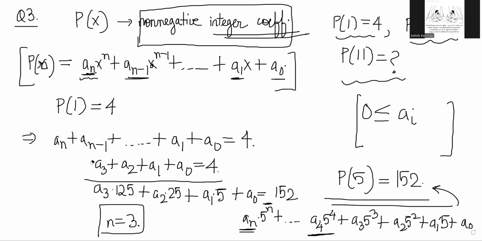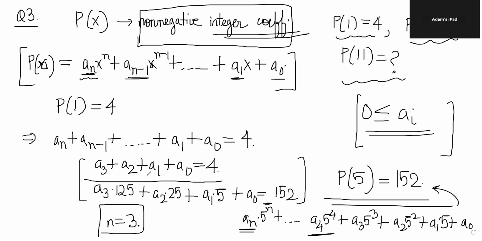Ultimately, it's about solving equations and figuring this out. It's not very difficult. You have conditions because the numbers are 0 or positive integers, so most likely it will be 0 or 1. a_3 is known as 1, because that was the degree of our polynomial.